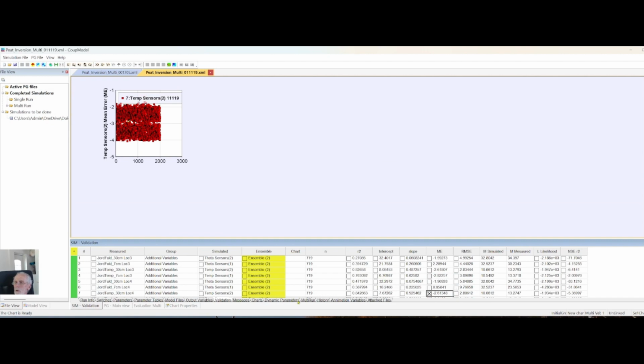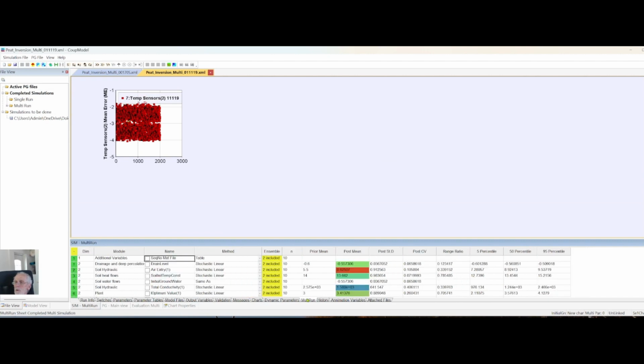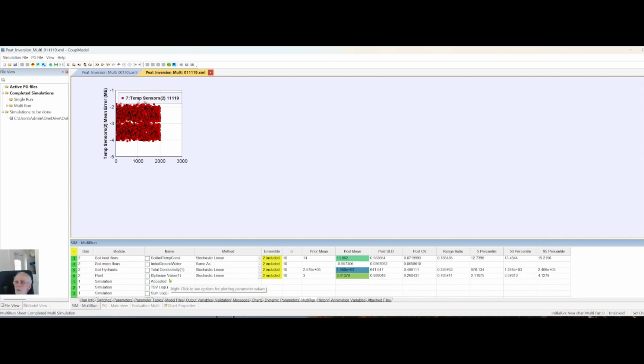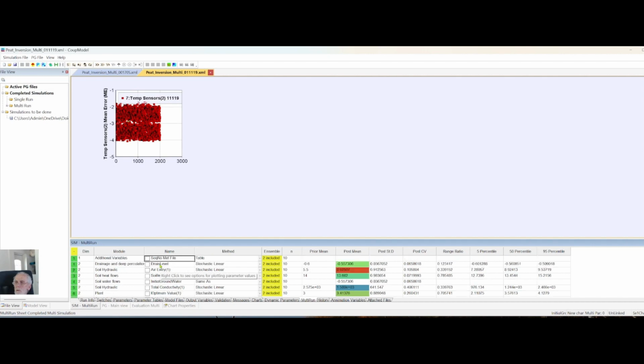I will just check this now. For the Multirun, it should have this drain level. Maybe it was not the very best choice because the drain level has not. Oh, there's something wrong with this. We can take another candidate.